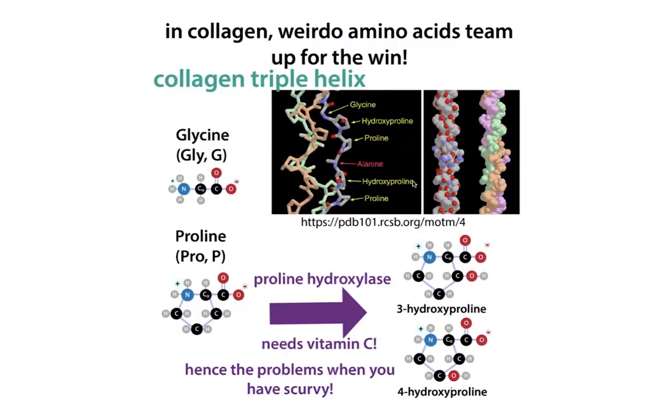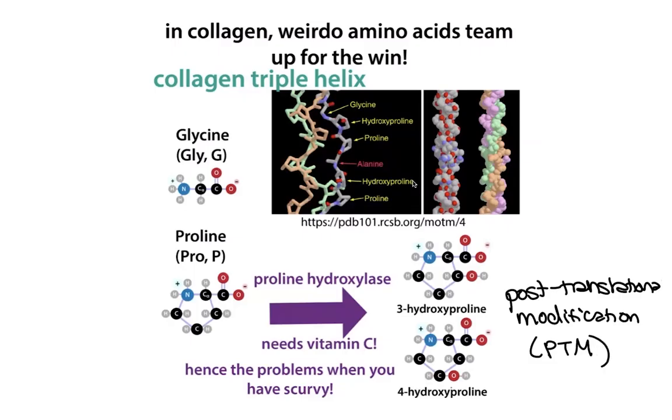This one had 3 of these strands that have these weird hydroxyprolines. So there's one of those post-translational modifications coming in. So that would be an example of a post-translational modification. Sometimes we call this a PTM. And remember, that's going to give it special properties. And in the case of this collagen triple helix, it's going to help make this structure.